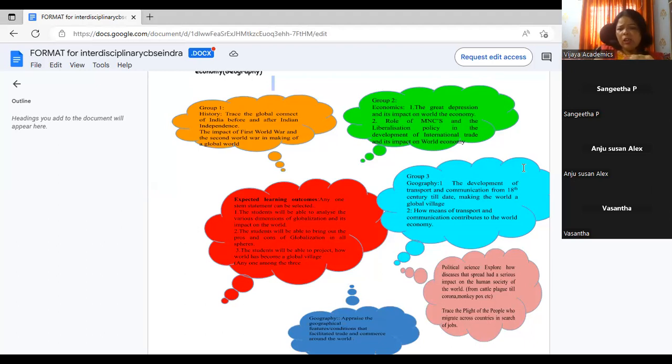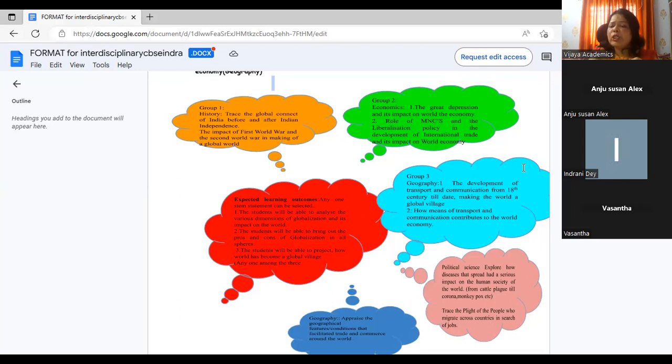If you see here, all the terms are related to economics: role of MNCs, liberalization, development of international trade, and impact on the world economy. All this information the students are going to collect. You are just going to be the facilitator for them, guiding them on what they are supposed to do in economics.